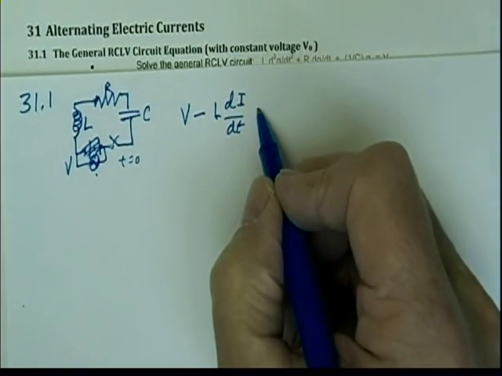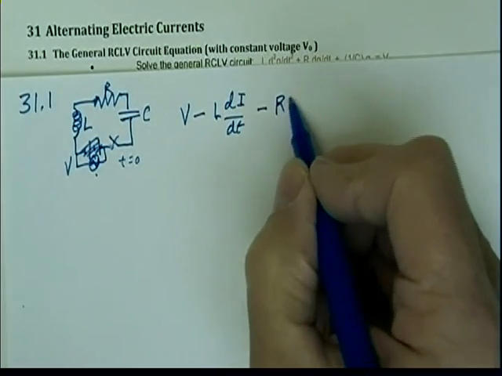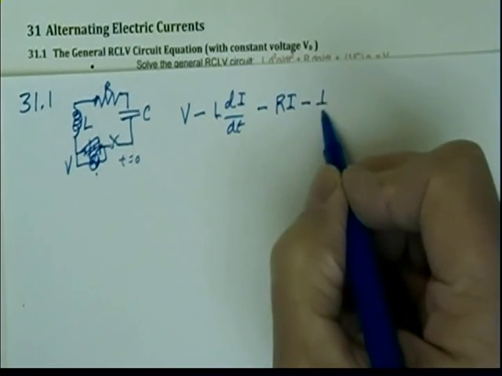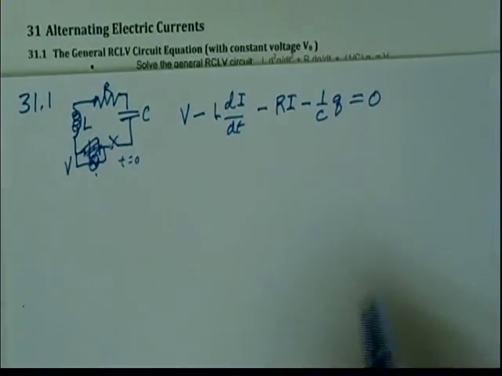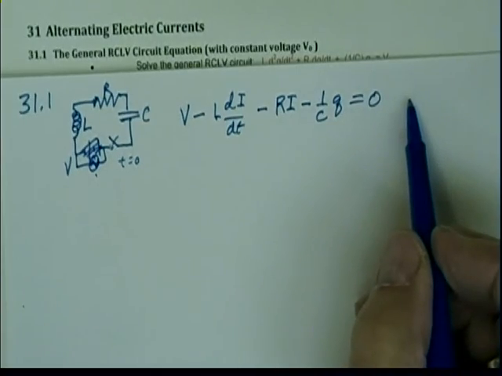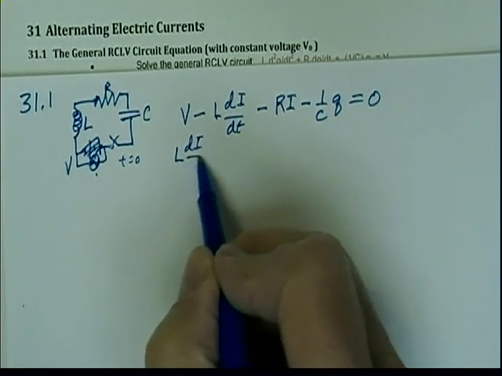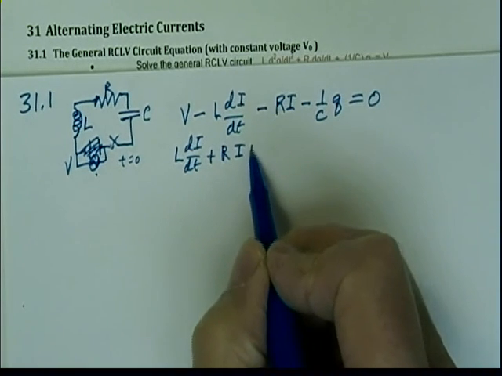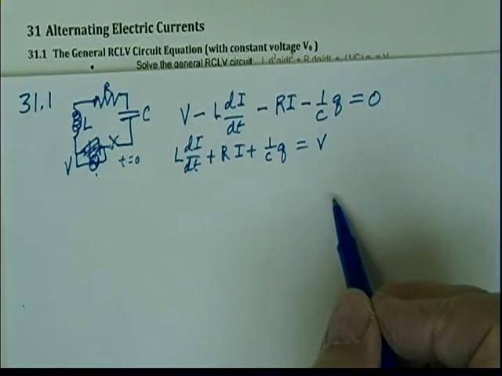Then for the resistor, we have minus R times I, because all of these oppose the voltage, and the voltage across the capacitance is minus 1 over C times Q, the charge. The sum of all those must be 0. We can move these three terms to the other side of the equation, where they're positive, and we have L di/dt plus R times I plus 1 over C times Q is equal to the voltage that's applied.